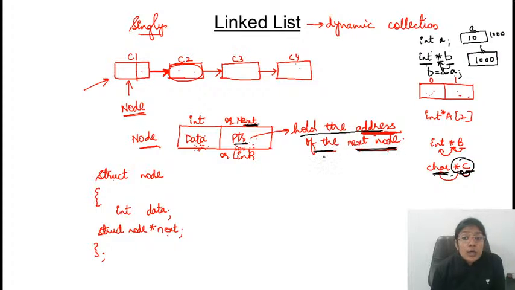What will be the type here? What is the type of the next node? Type of node is nothing but struct node, because no such predefined data type is there. Right? Now is this clear to everyone?